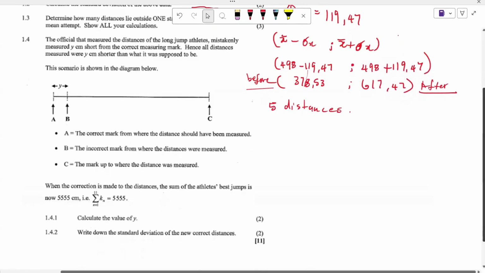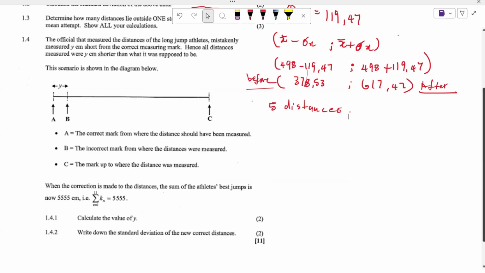Here they are saying the officials that are measuring the distance of the long jump athletes mistakenly measure y centimeters shorter from the correct measure marking. Hence, all the distances measured were y centimeters shorter than what it is supposed to be.